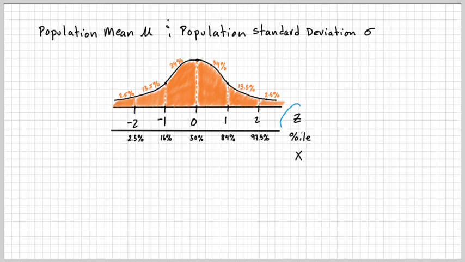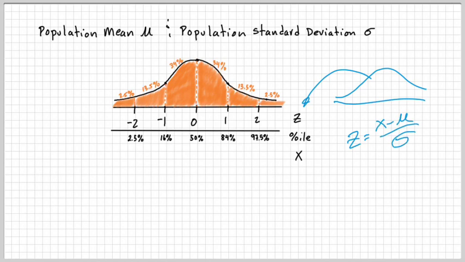You see, z is for the standard scores of 0, 1, 2, all normal distributions. Any normal distribution can be converted to z through this formula. You might have seen it before, right? If you have an x value and you have mu and sigma, you can get z. And then you can determine how far away x is from mu based on sigmas. You'll see that in a minute.